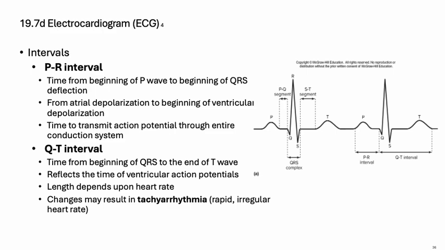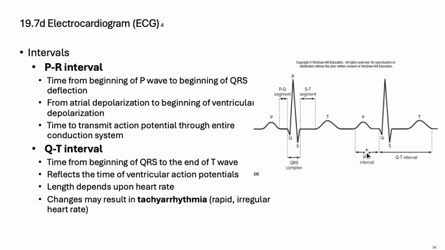The QT interval, this is essentially describing the activity going on in just the ventricles, right? So QRS, we know that QRS is ventricular contraction, right? And then we know that the T wave is ventricular relaxation. So ventricular depolarization followed by ventricular repolarization, right?